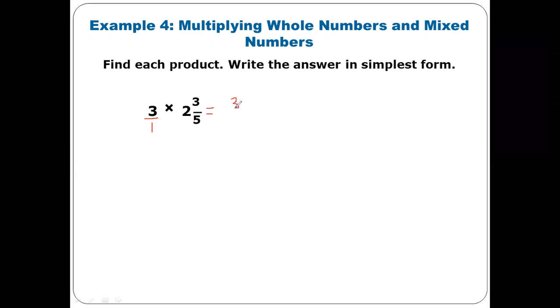So we will get 3 out of 1 times 5 times 2 is 10, plus 3, 13 out of 5. We put both fractions in the same fraction bar.